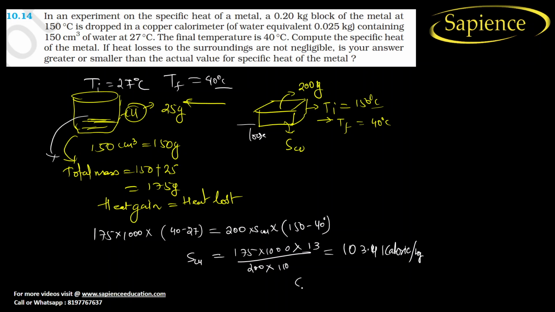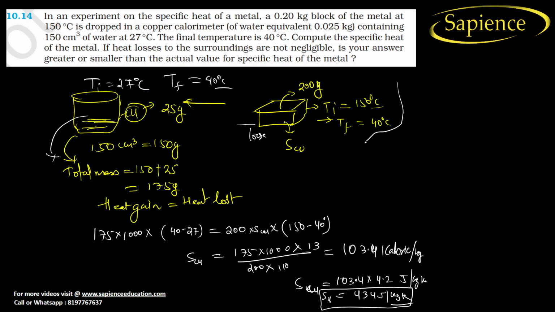If you want the answer for specific heat not in calorie but in joule, then the specific heat of the copper is equal to 103.4 into 4.2 joule per kg Kelvin. So this will be approximately equal to 434 joule per kg Kelvin. So I hope you have understood this, right?